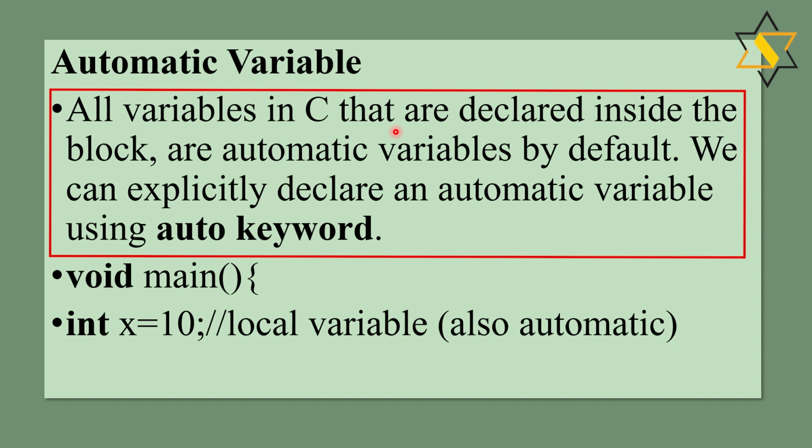The automatic variables are, by default, variables which are used inside the function. We can say it's a local variable, so it is called automatic. But yes, if you want to use it, auto is one of the keywords in our reserved words. Out of 32 words, one keyword is the auto keyword.